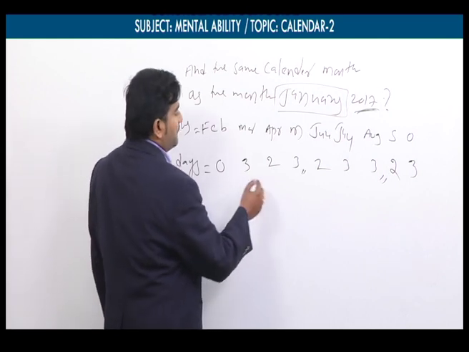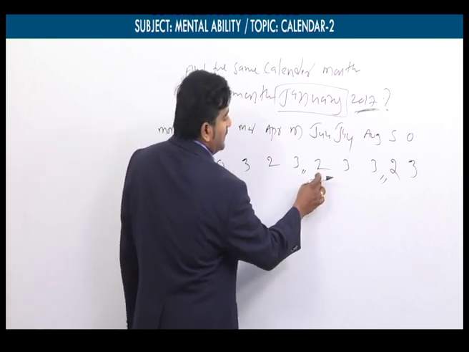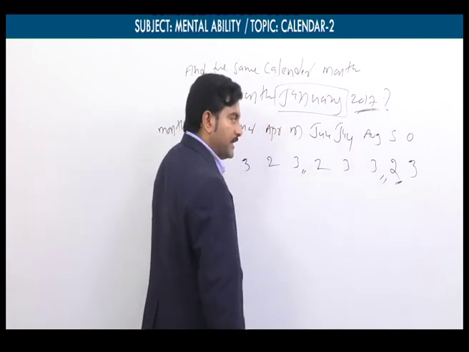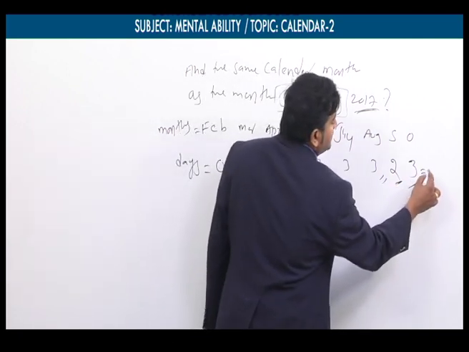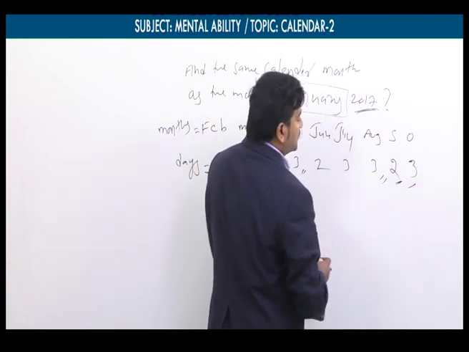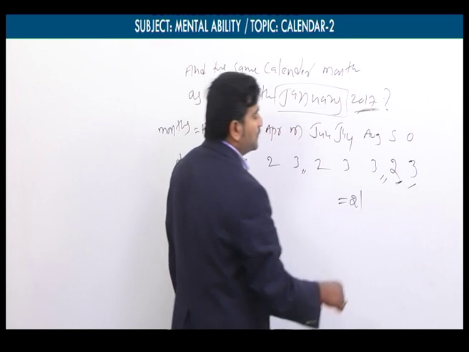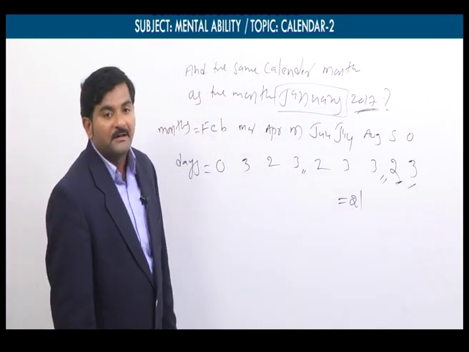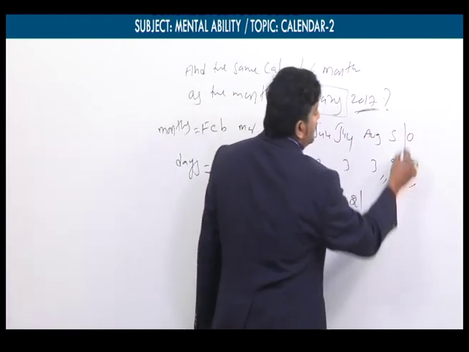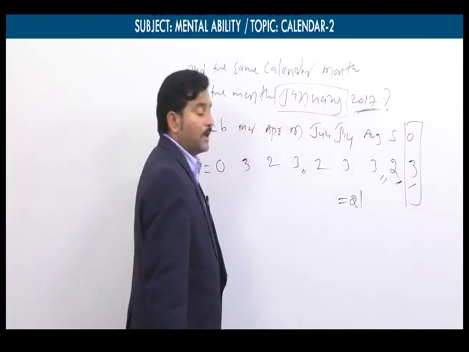Up to this I am getting 8, 10, 16, 16 plus 2, 18, 18 plus 3, how much am I getting? 21. Once again, 18 plus 3 is equal to 21. For which month am I getting 21? For October month. Are you hearing me?